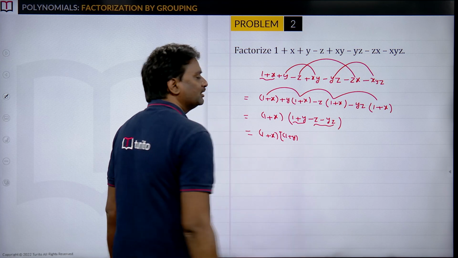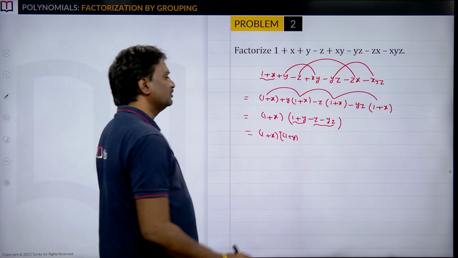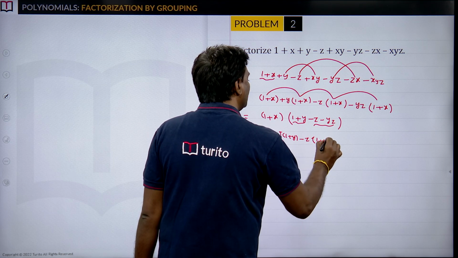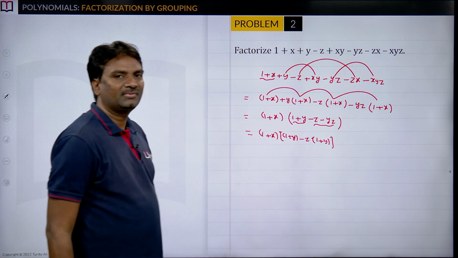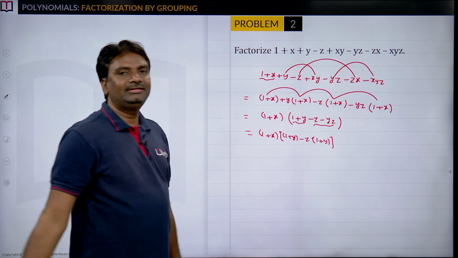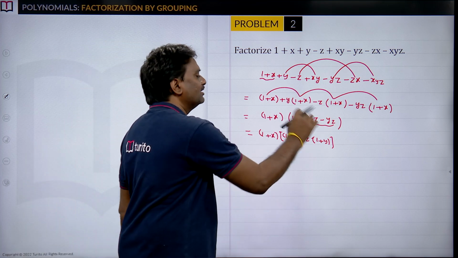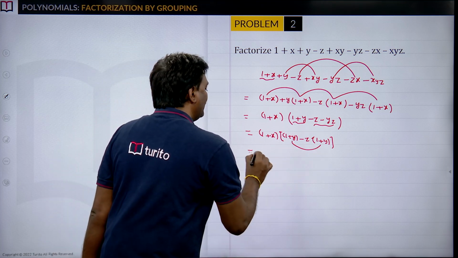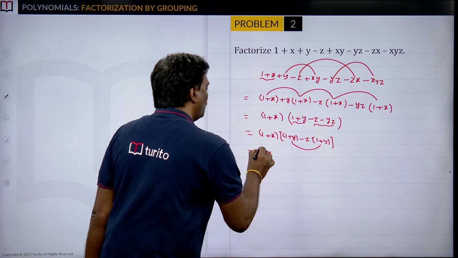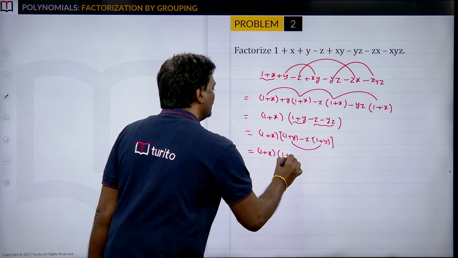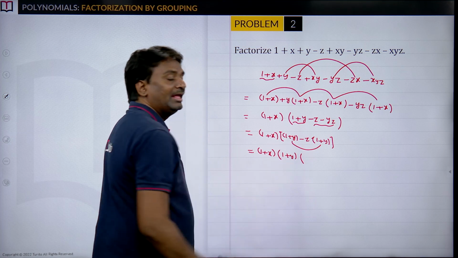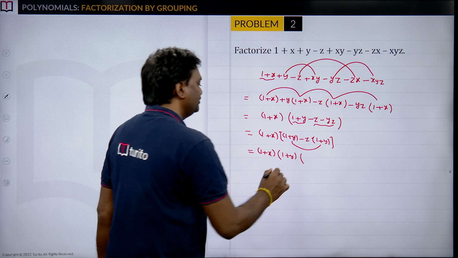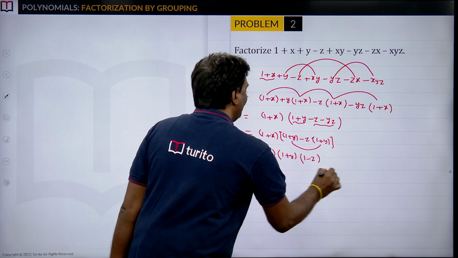From minus z minus yz, if you take minus z as common, you will get 1 plus y. Again in the bracket we can take 1 plus y as common. So, 1 plus x into 1 plus y into, since we have taken 1 plus y as common, here we have 1, here we have minus z. So, that is 1 minus z.